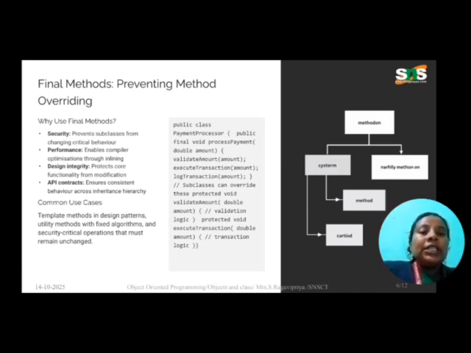Design integrity protects core functionality from modification. API contracts ensure consistent behavior across the inheritance hierarchy. The common use cases are template methods and design patterns, utility methods and fixed algorithms, and security critical operations that must remain unchanged. This is the sample example program.